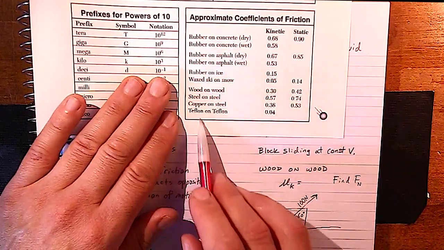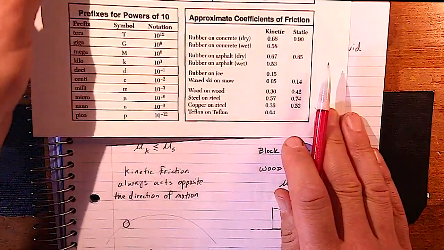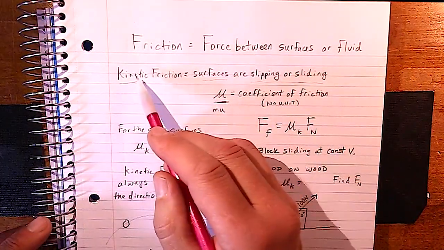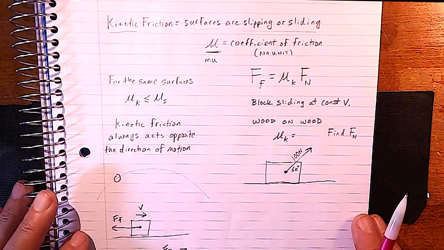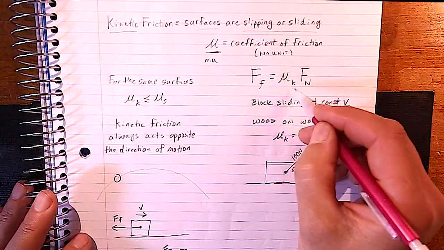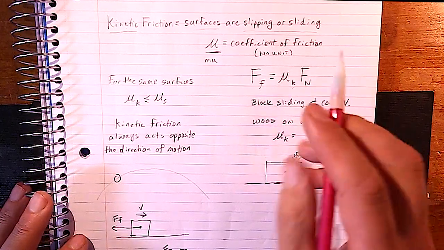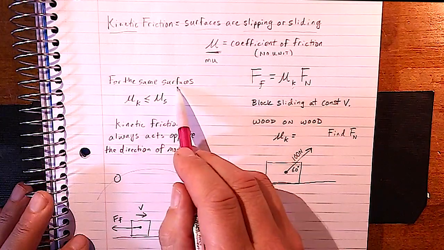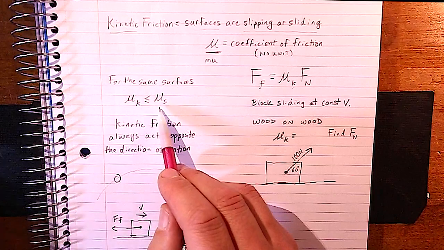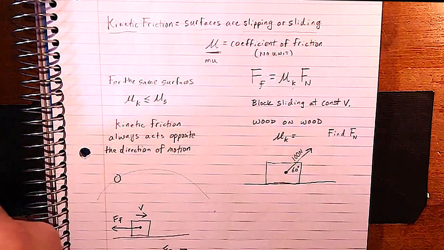So we have lots of different surfaces that we can find the coefficient of kinetic friction for. Rather than just use mu, when we're using it for kinetic, we use the little k to let us know we're not doing static. When we do static friction, we'll put an s in there. For the same surfaces, mu k is always less than mu s, or equal to it when the coefficients of friction are very, very small.